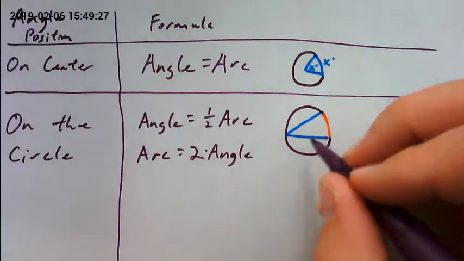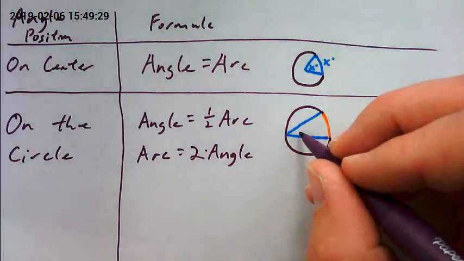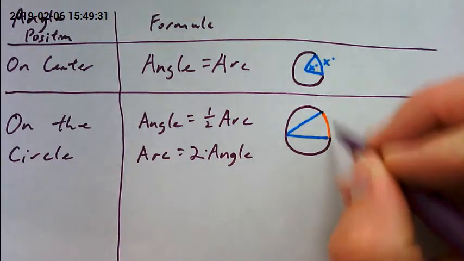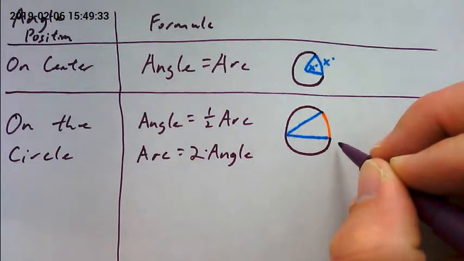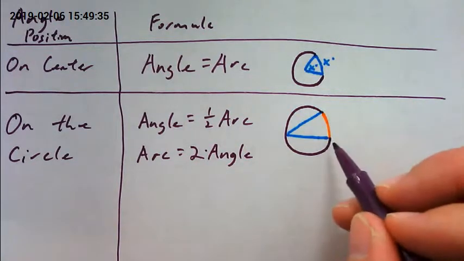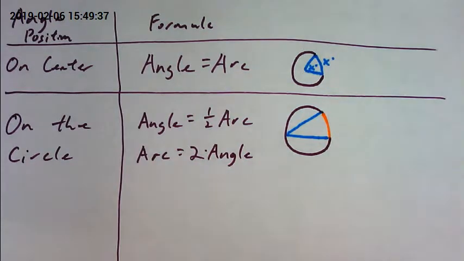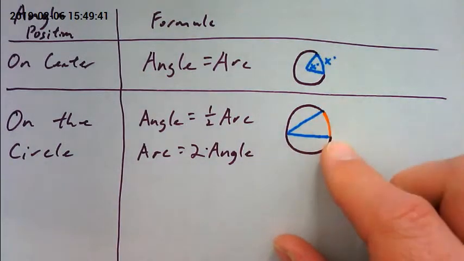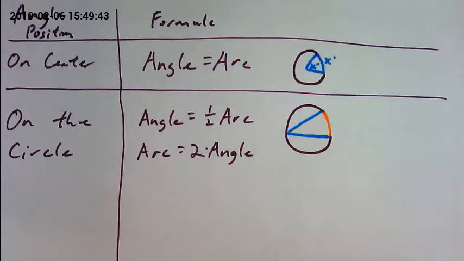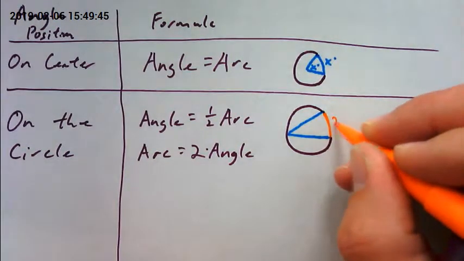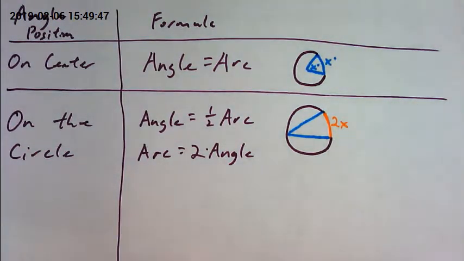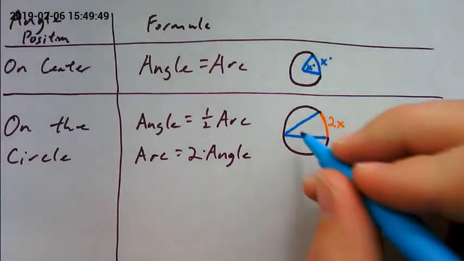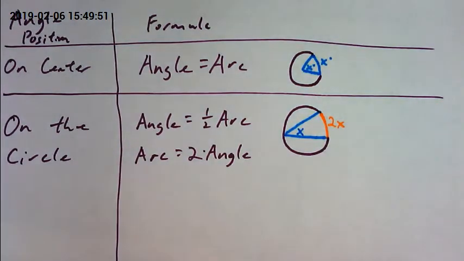This angle is going to be half of this arc. All right? So, for example, if I called this arc 2x, then this angle would just be x.